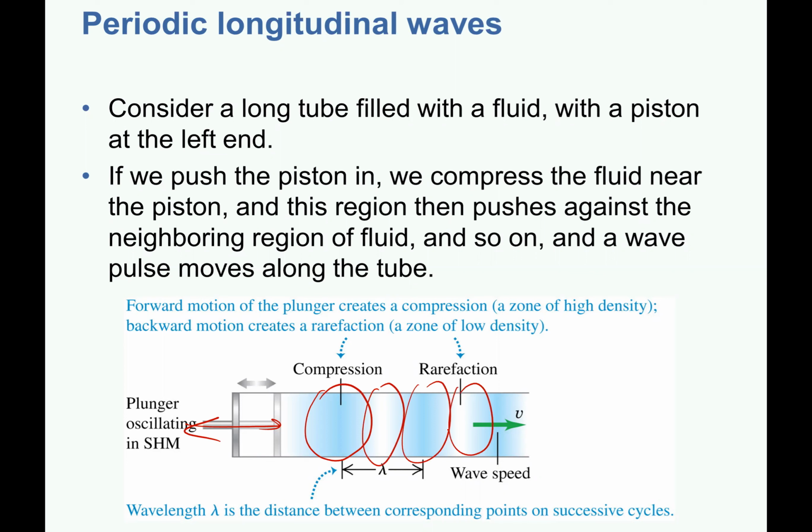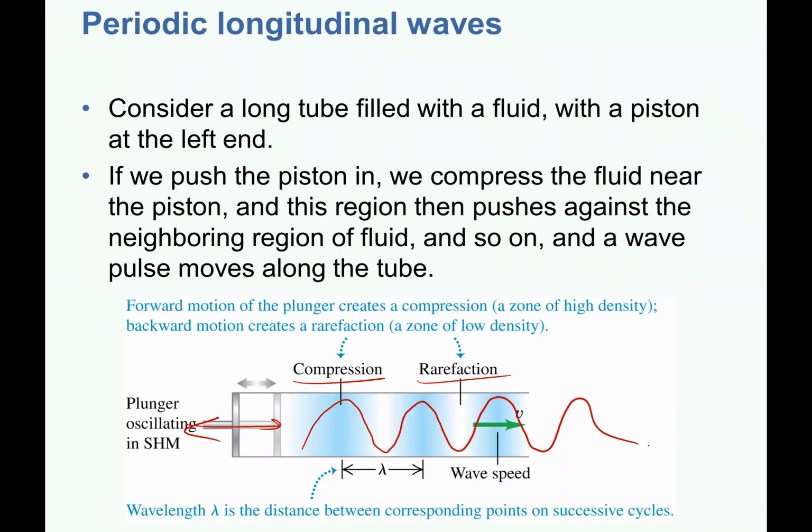Compression is what we call the more dense region, and rarefaction is the less dense region. That means I can model it just like the string wave. So compression is a crest, rarefaction is a trough. So crest, trough, and so on.